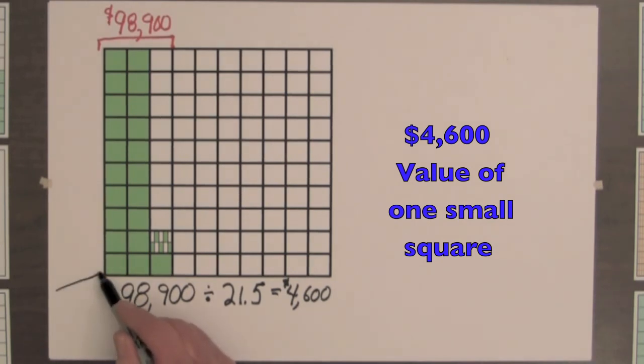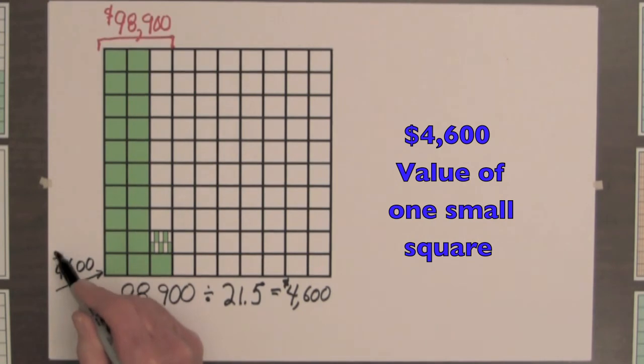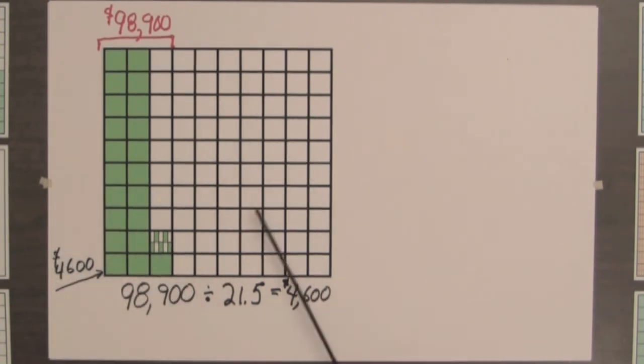And one small square represents $4,600. The total amount of the loan is 100 times 4,600, and that equals $460,000.